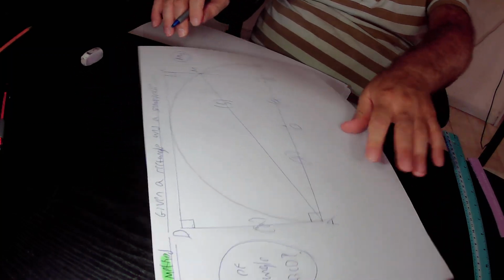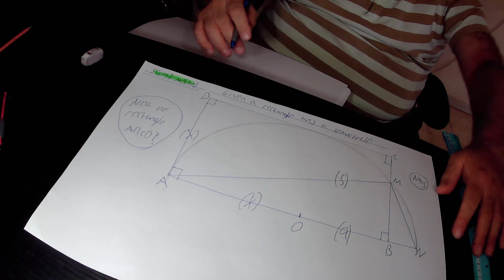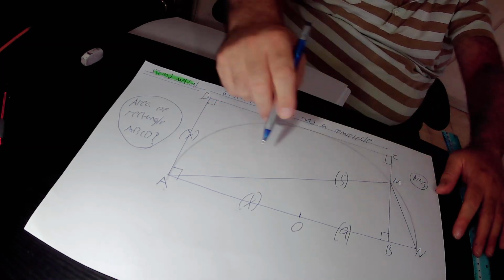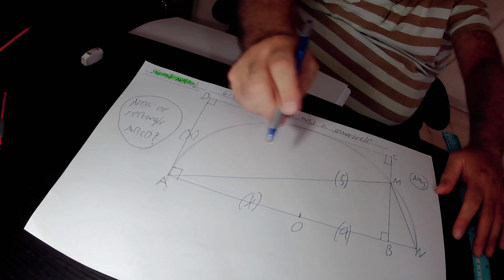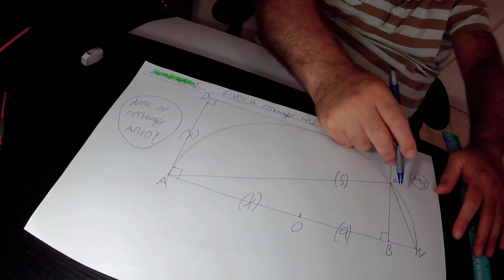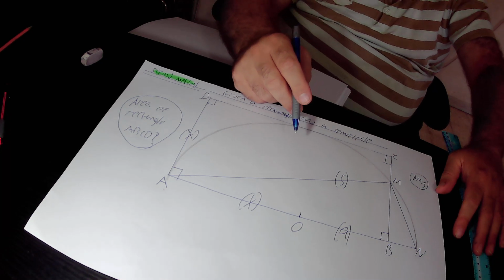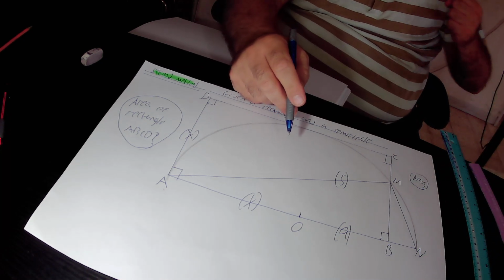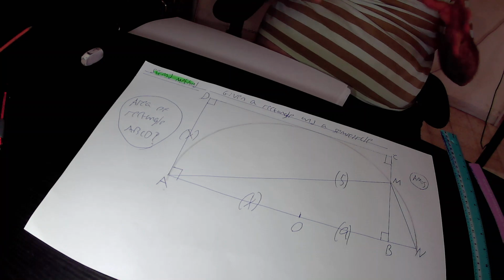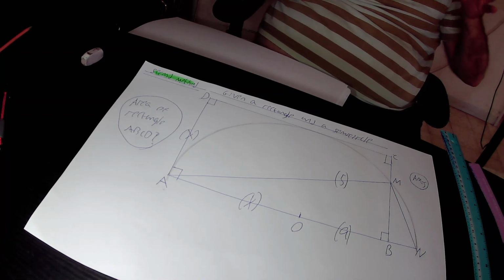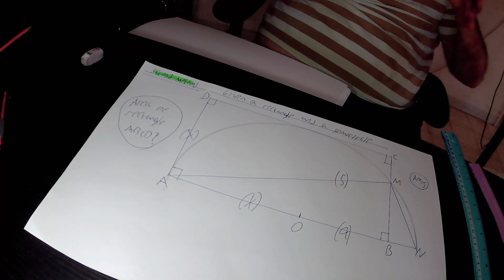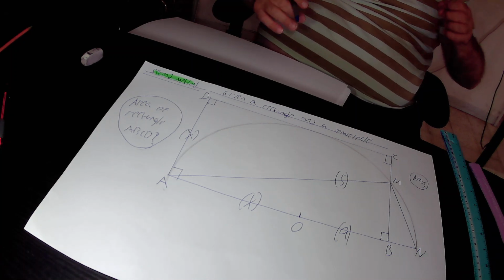By joining points M and N, we can deduce peripheral angle AMN. This is peripheral angle AMN. Peripheral angle AMN subtends AN, that is the diameter of this semicircle. And according to rule 7, any peripheral angle that subtends the diameter of a circle or semicircle must be equal to 90 degrees in its size.